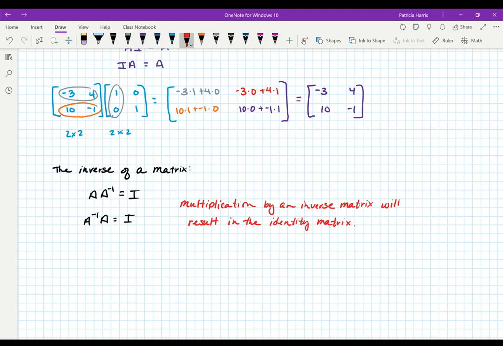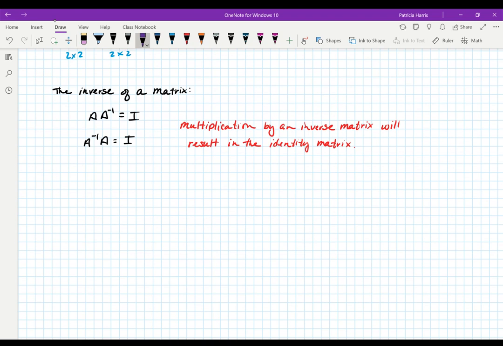Now, a couple things that you should know about inverse matrices, okay? First thing, not every matrix has an inverse.